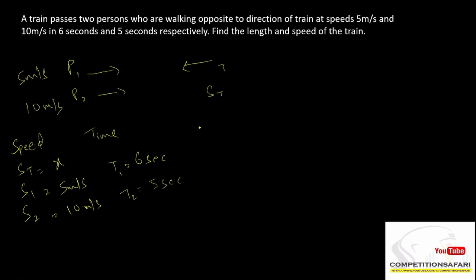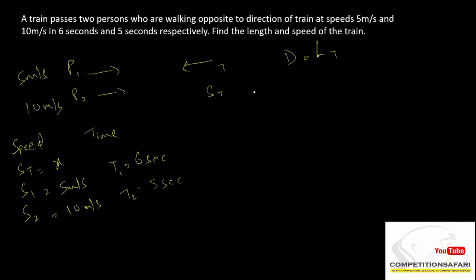So only one thing is fixed here, the distance. The total distance will be the length of the train, because that's what we are given the reference for. They are crossing the train in this much time. So our distance remains the same, the length of the train.